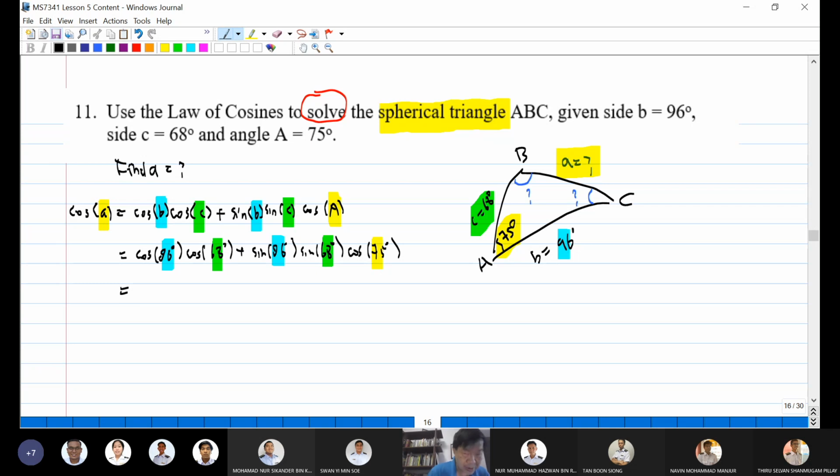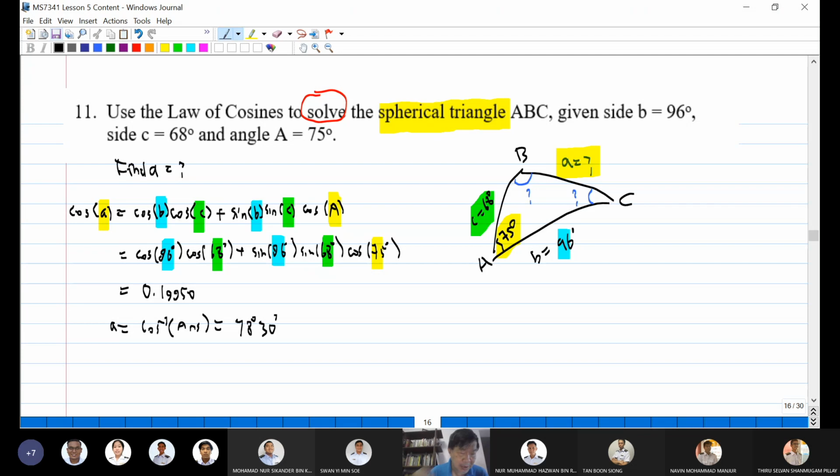So you get the answer 0.19950. So A equals cosine inverse of the answer. Shift cosine inverse, answer. You get 78 degrees 30 minutes to the nearest minute.